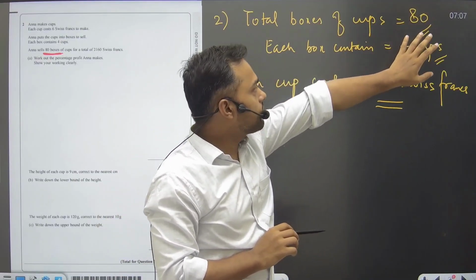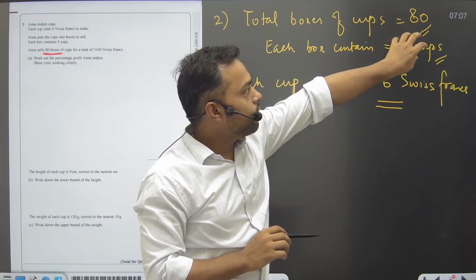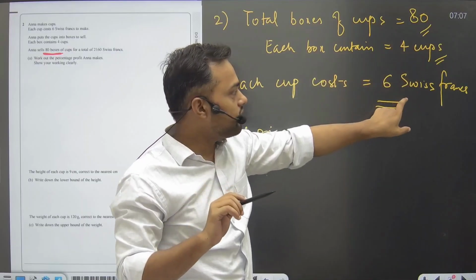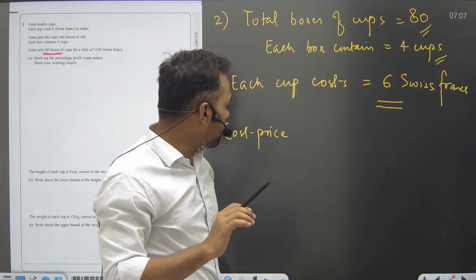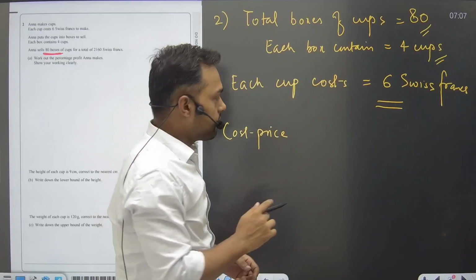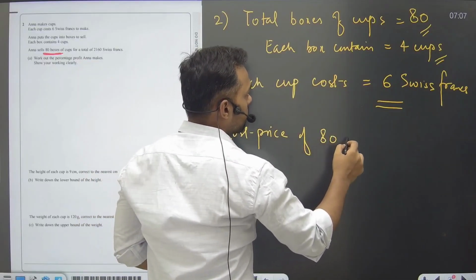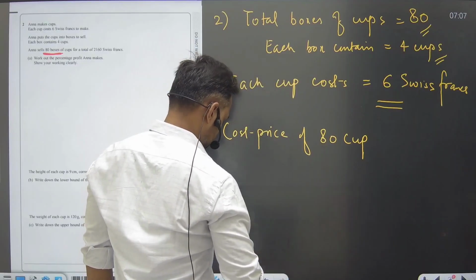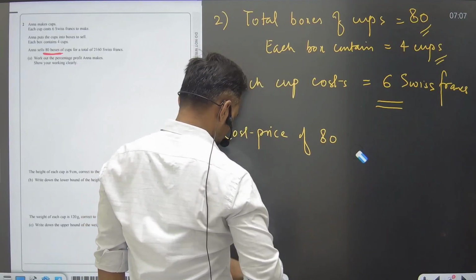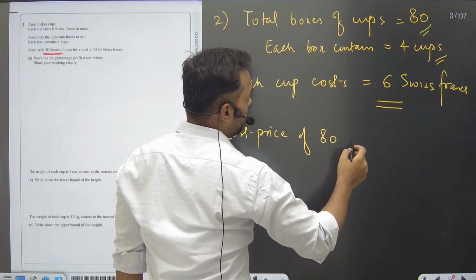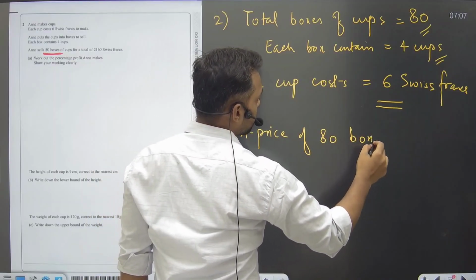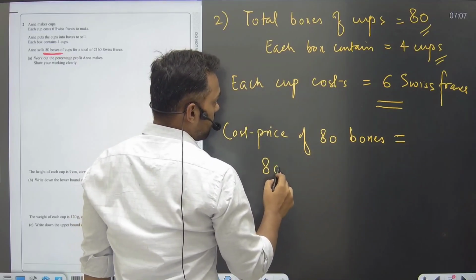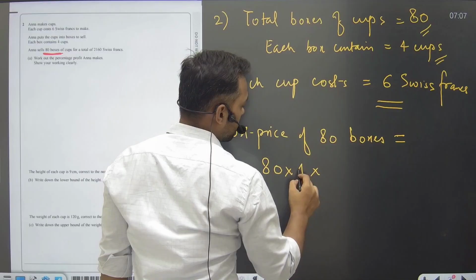So the total cost price of 80 boxes will be given by 80 cross 4 cross 6.